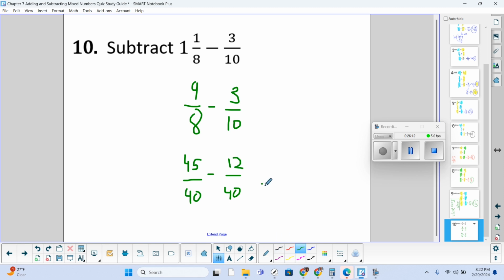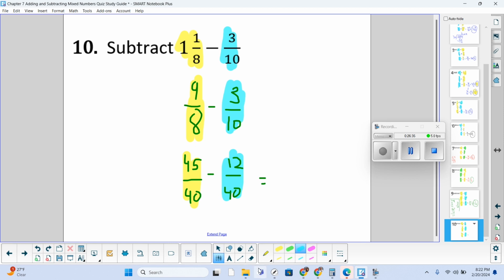Excuse me. Gotta do my little highlighter thing. 1 and 1/8 is equal to 9 over 8 is equal to 45 over 40. Just like 3/10 is equal to 12 over 40.